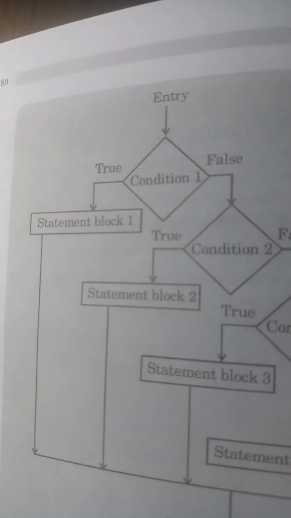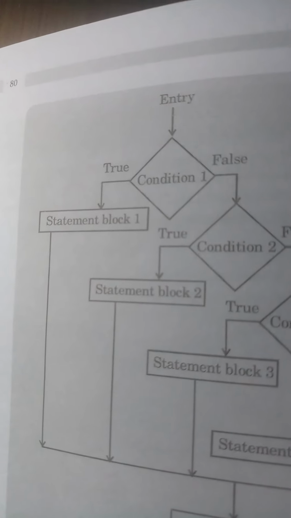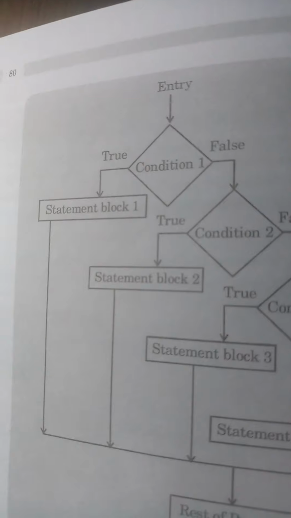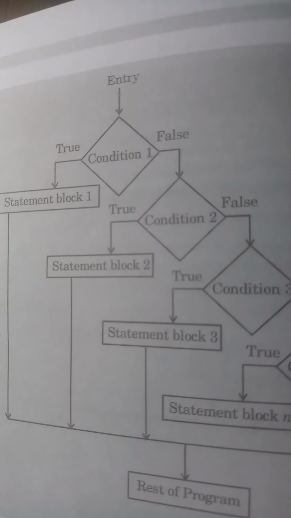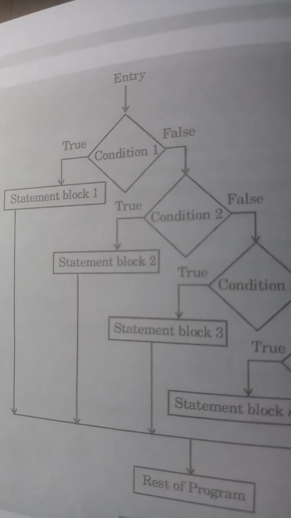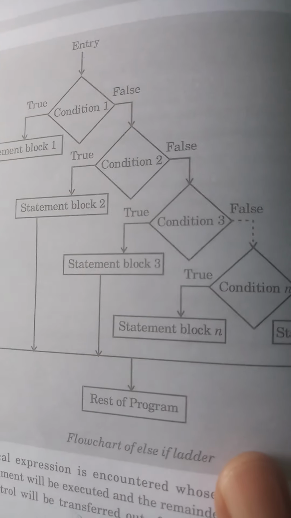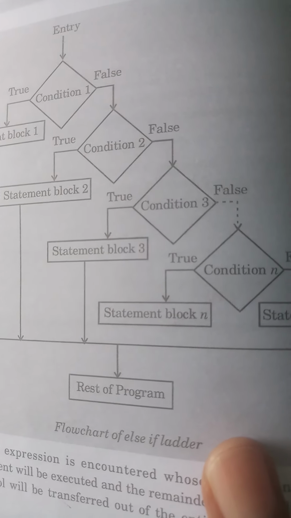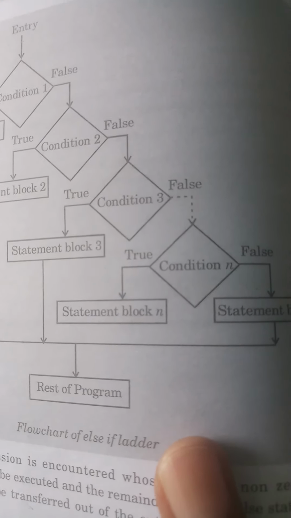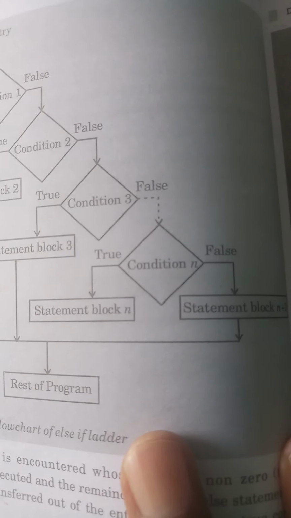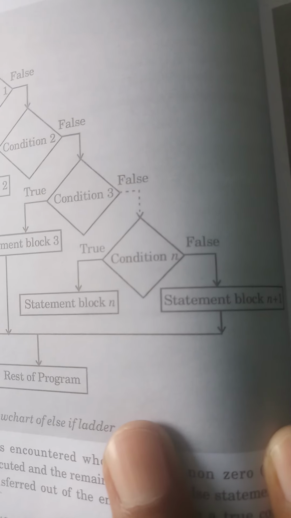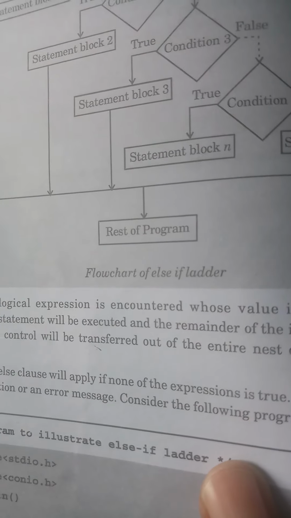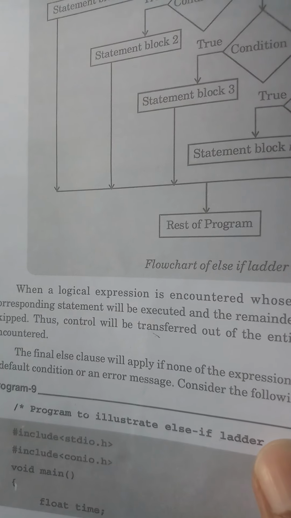Flow chart of else if ladder: entry, condition 1 true or false, statement block 1; condition 2 true or false, statement block 2; condition 3 true or false, statement block 3; condition n true or false, statement block n; then the rest of the program.